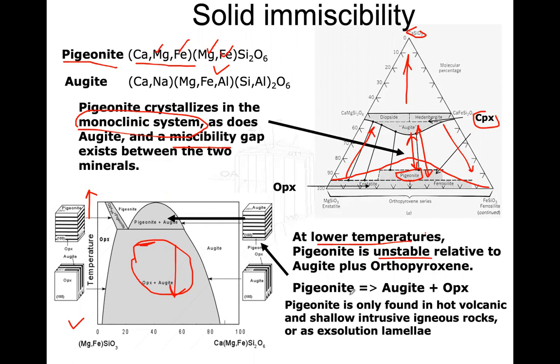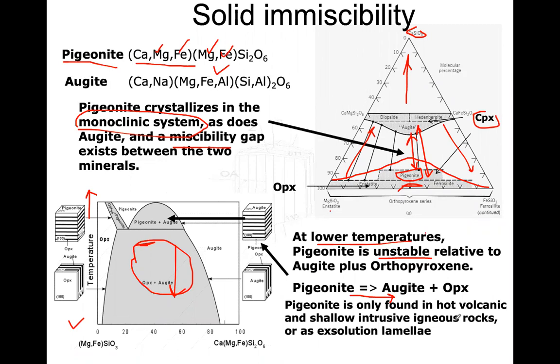So when it is subjected to low temperature conditions, pigeonite dissociates into augite plus OPX. One of the OPX is either enstatite, ferrosilite, or a mixture of them can be found.